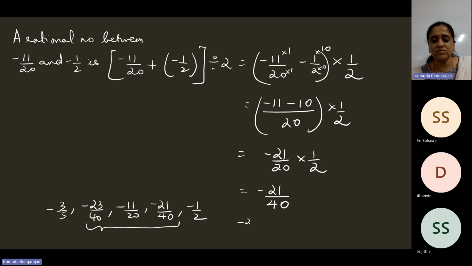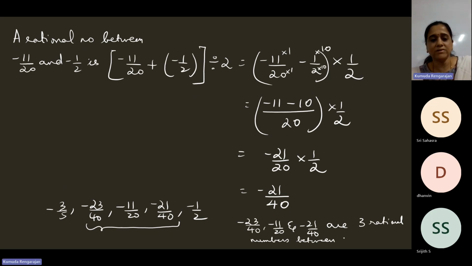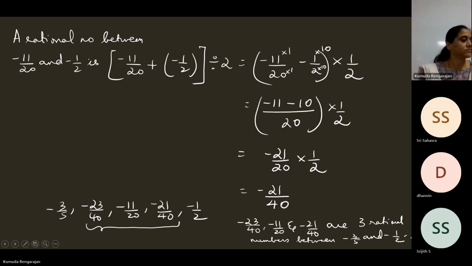Minus 23 by 40, minus 11 by 20, and minus 21 by 40 are three rational numbers between minus 3 by 5 and minus 1 by 2. Finish it by yourself. Very good.